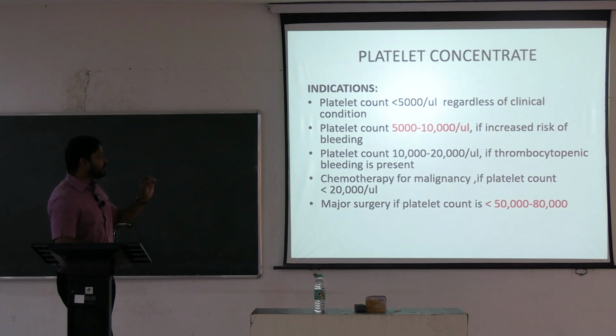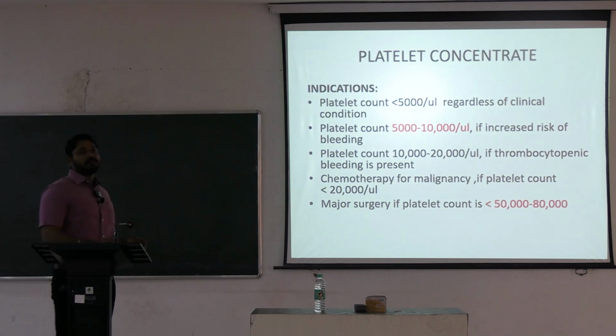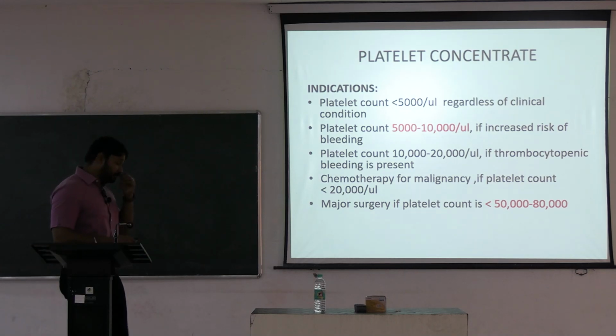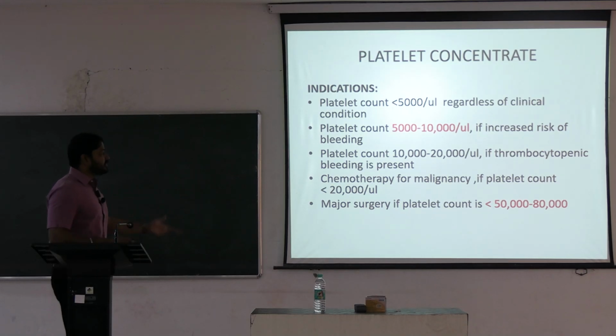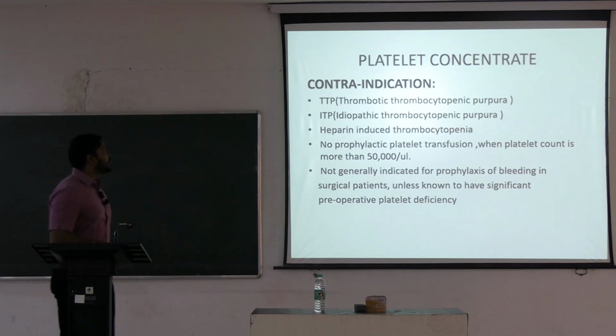Unless the platelet count is less than 10,000 in a pregnant patient, we need not transfuse. If it is less than 10,000, then only we transfuse. This is because of the increased risk of bleeding, since pregnant patients are already prone to bleeding. And for major surgery, if the platelet count is less than 50,000 to 80,000, we transfuse.